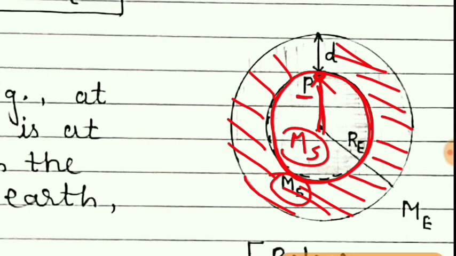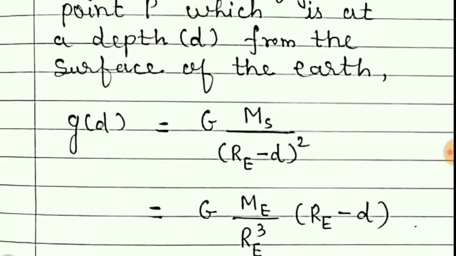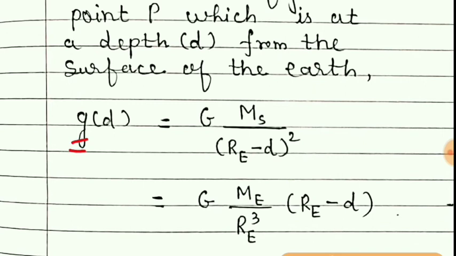And this distance will be how much? It will be the radius minus d, so R_e minus d. Once again, this distance will be R_e minus d, and that's why we have written g as a function of depth is G times the mass of that sphere over the distance squared, where the distance is R_e minus d, squared.